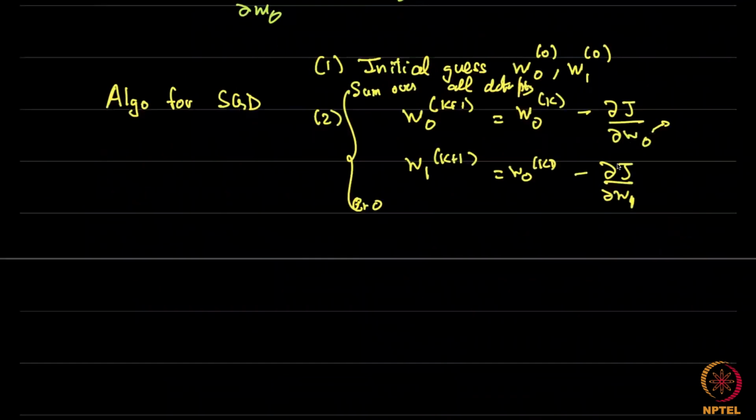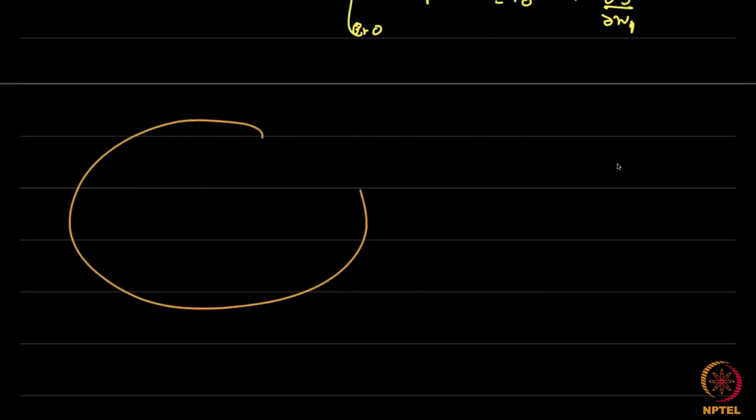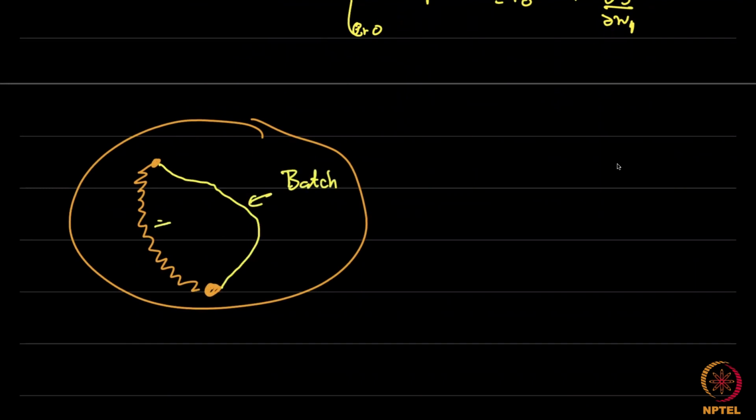When you do that, typically we notice that you will go a little bit like this to the final point, whereas batch gradient descent could have gone a little bit more smoothly. So this could be batch, this could be SGD. But SGD is typically faster, but less stable.